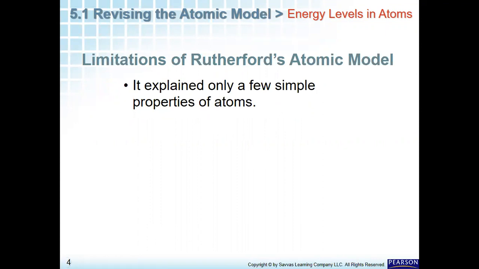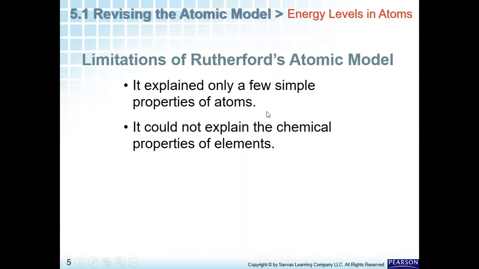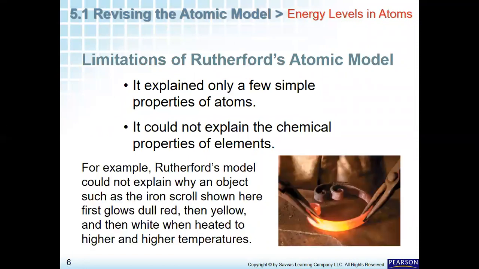In the beginning, Rutherford explained only a few simple properties of the atom, and he didn't explain all of the properties, and that's the deficiency. It also could not explain the chemical properties of elements. And he could not explain what happens when iron is heated.